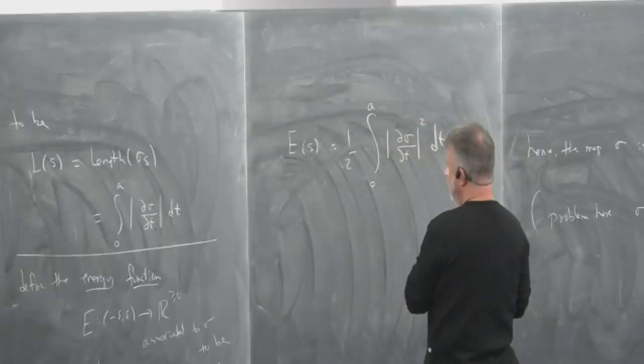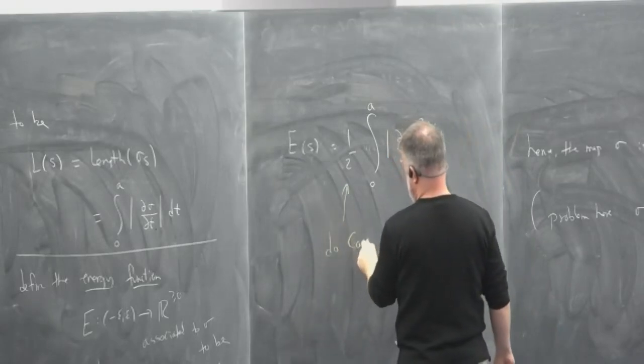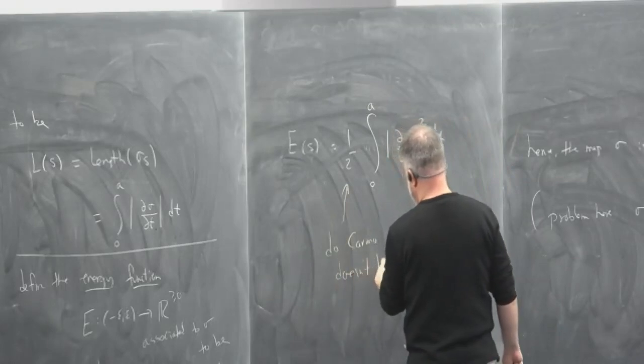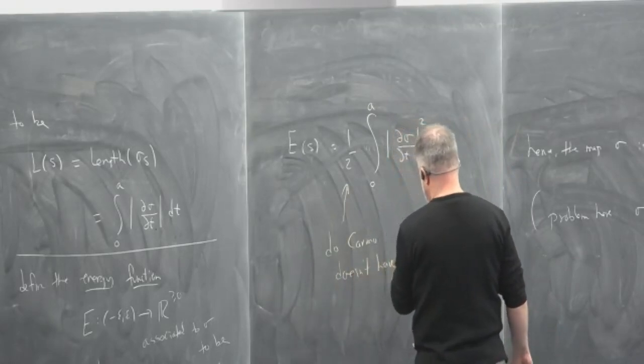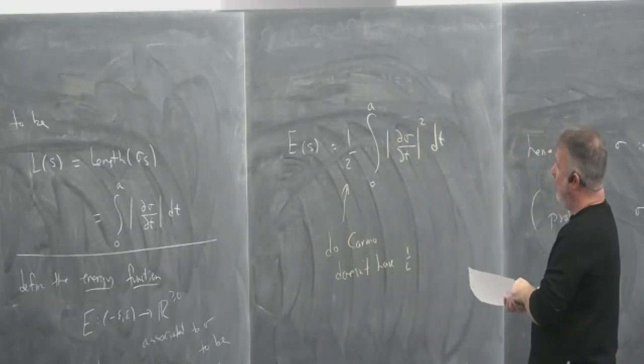So let me just make a remark. Do Carmo doesn't have the 1/2, but everyone else does. So his energy is twice the usual energy.